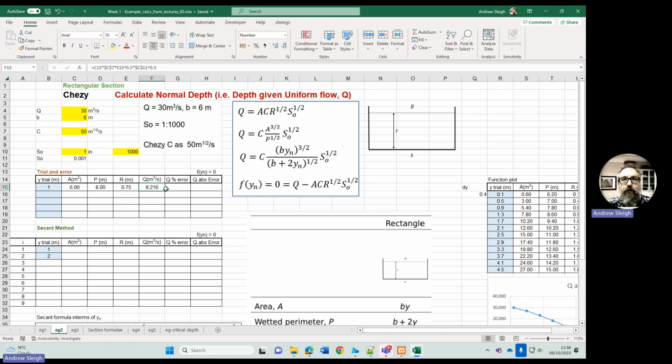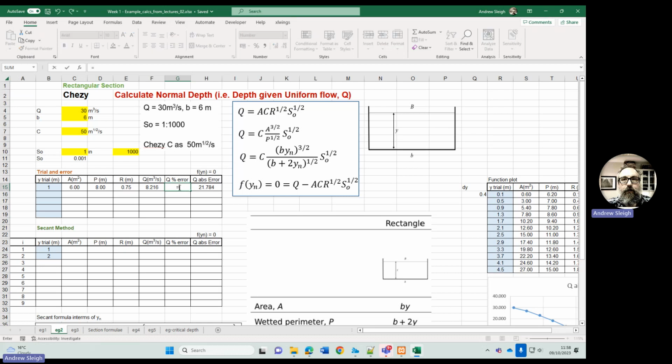So we see that with that estimate of 1, we've got a Q of 8.2 meters cubed per second, and my target is 30. So we know that we're way off, but let's not worry for now. I'm going to skip the percent error, but for now, I'm going to the absolute error, or the value of the function, which will be Q as a constant minus the Q from the estimated value of Y. So we see that's 21 meters cubed per second out.